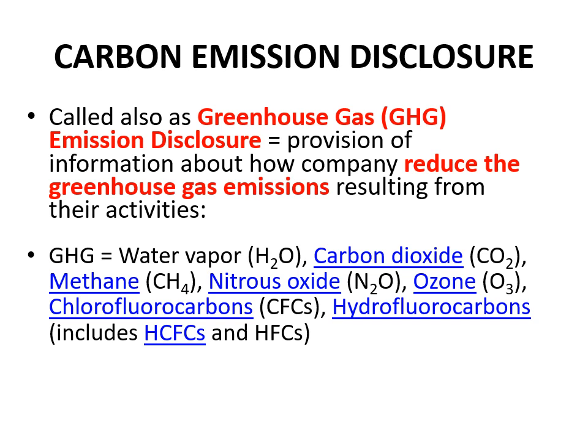In this disclosure, we try to provide information about how the company reduces the gas emissions resulting from its activities, including water vapor, carbon dioxide, methane, nitrous oxide, ozone, chlorofluorocarbons, hydrofluorocarbons, and so on. So we try to disclose any information dealing with these gas emissions produced by the company during its activities.